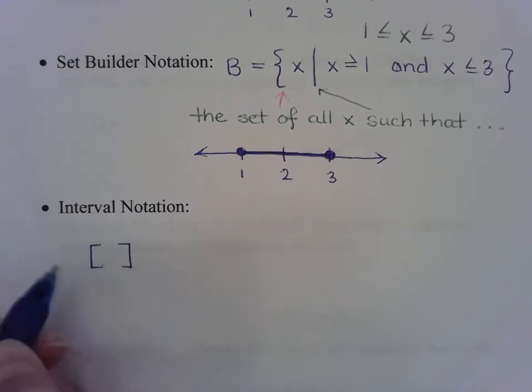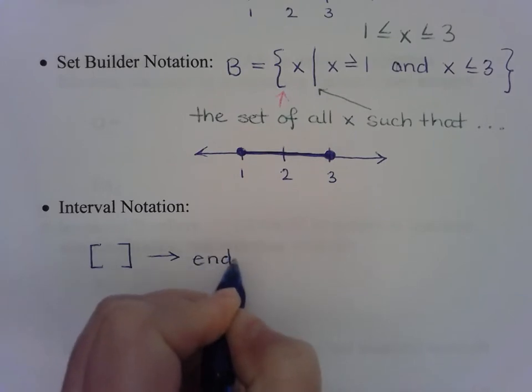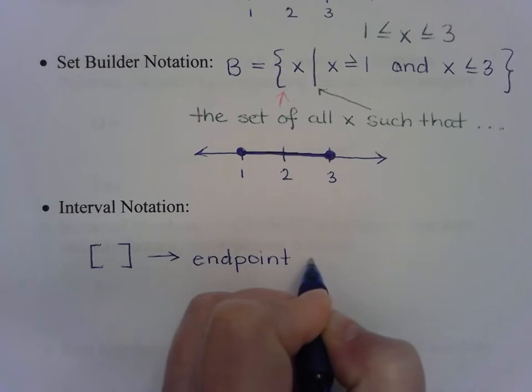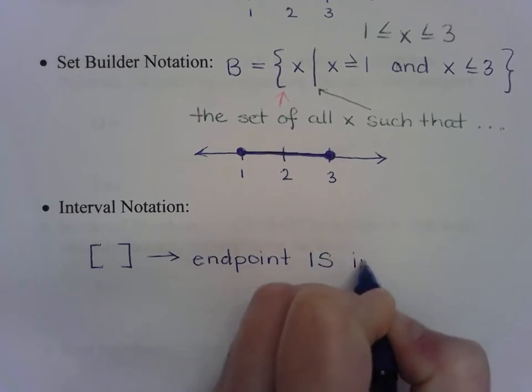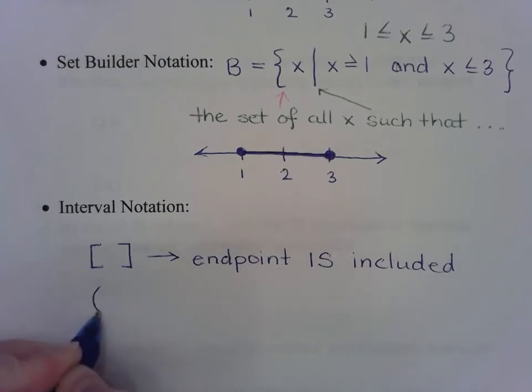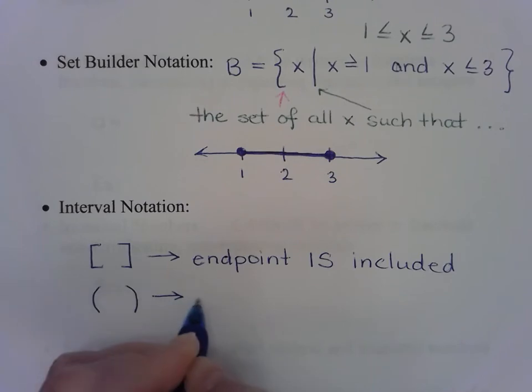So let me jot down that information first. If I use the square brackets, that's going to indicate that the endpoint is included. But if I use round parentheses, that's going to indicate that the endpoint is not included.